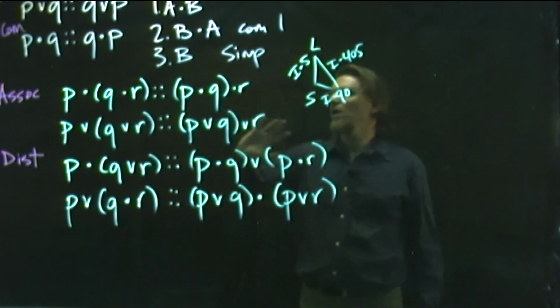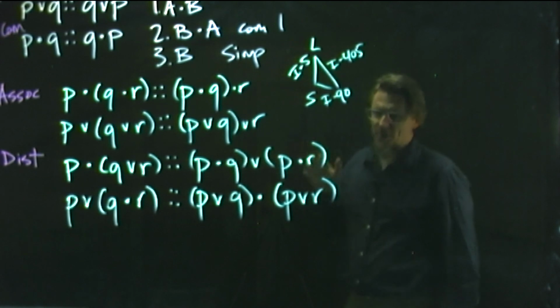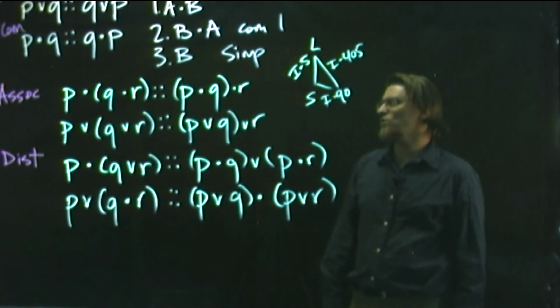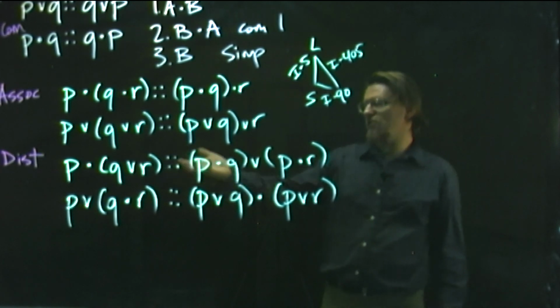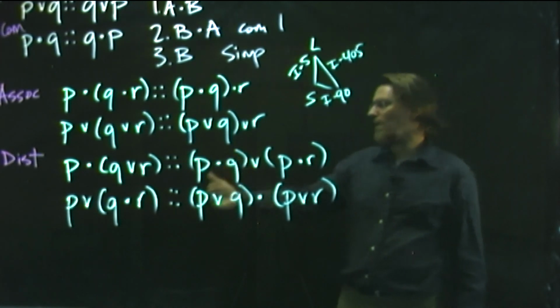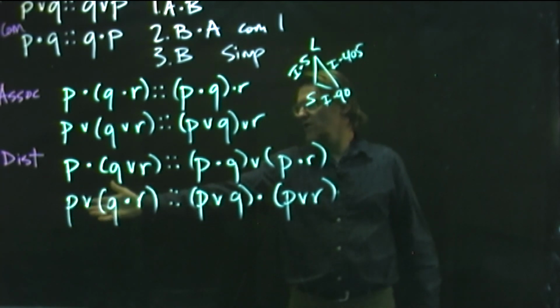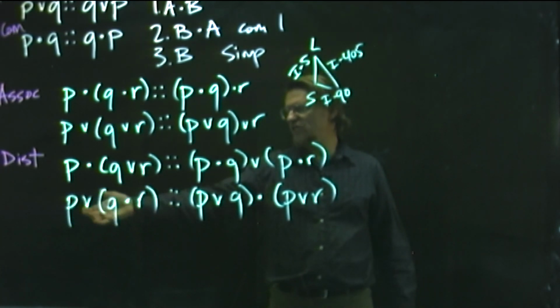So that's how associativity and distribution work. They don't come up all that often. As you can see, there are a lot of moving parts here, but they can be useful. I would say particularly distribution, because, for example, the main operator of this statement on the left is the wedge. But there are not a lot of things you can do with a wedge.